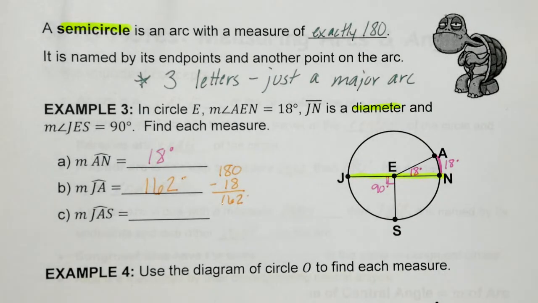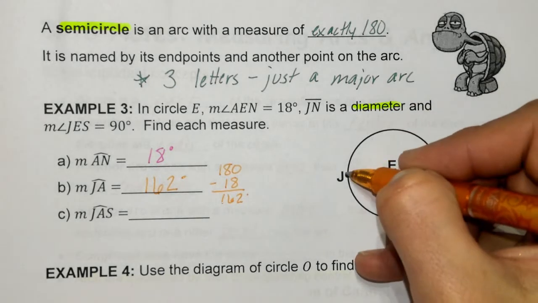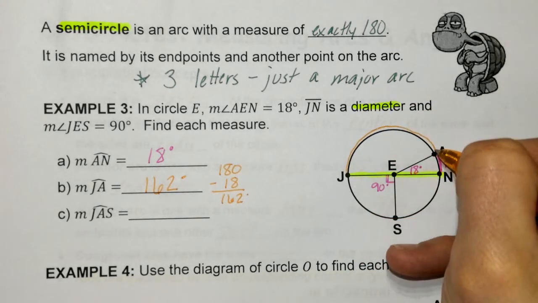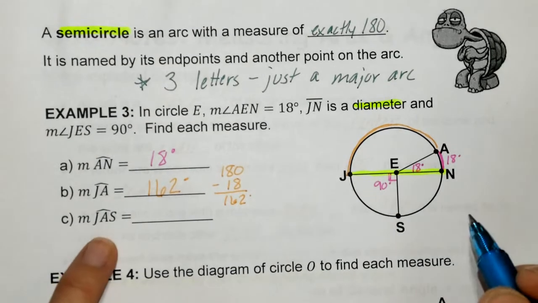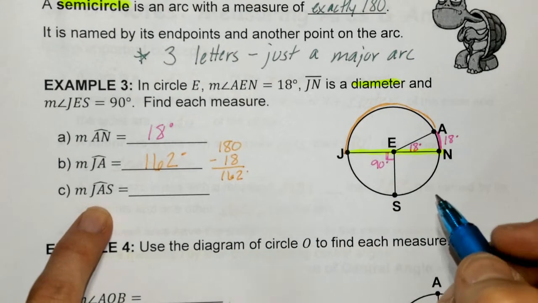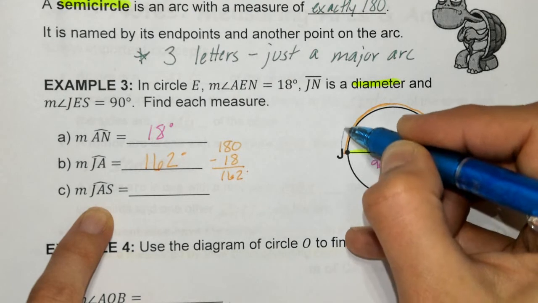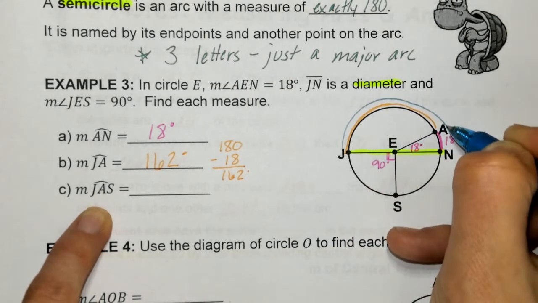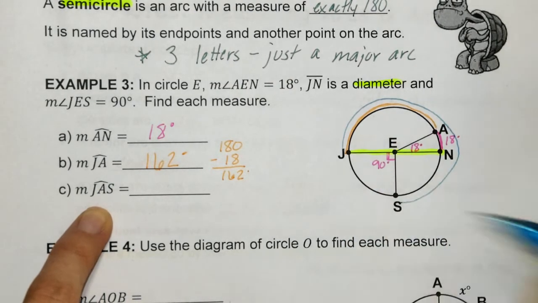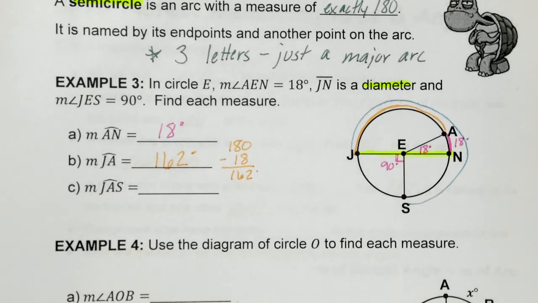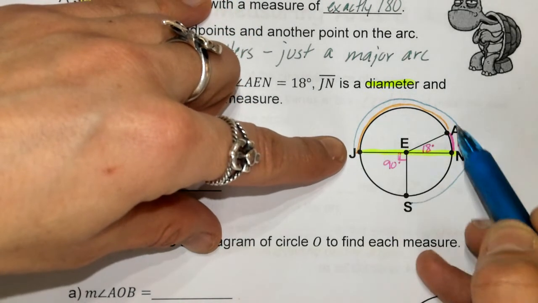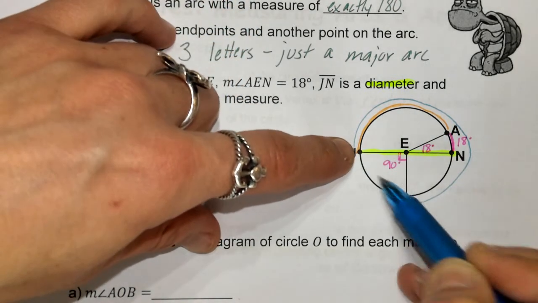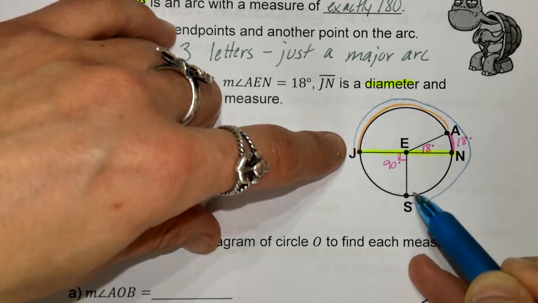Now let me trace this with my other color too, the corresponding color. Okay. Now we're going to find the measure of arc JAS. So we need to go from J past A all the way over to S. And what we need to see here is all the way around is 360 degrees we've talked about. Well, arc JAS includes everything except for arc JS.